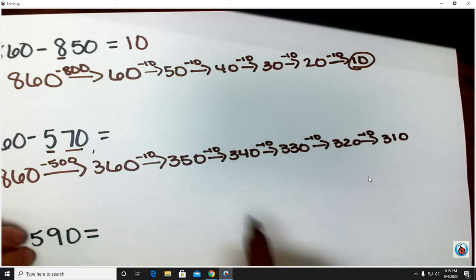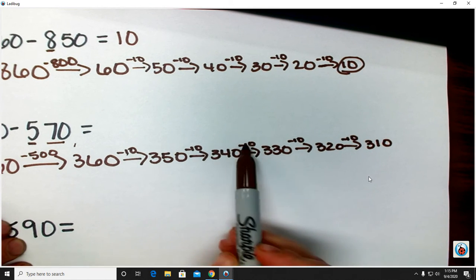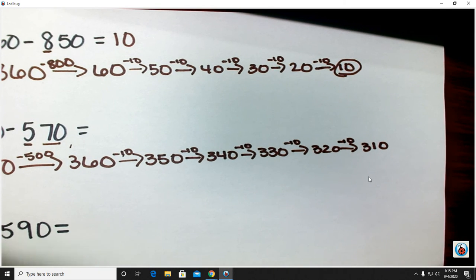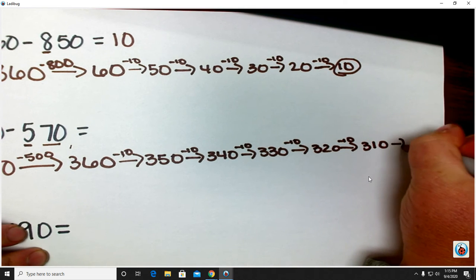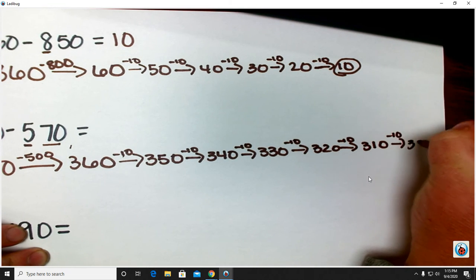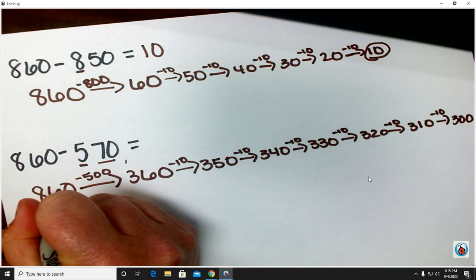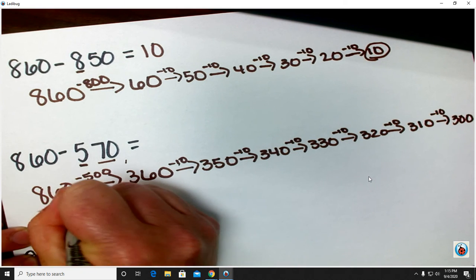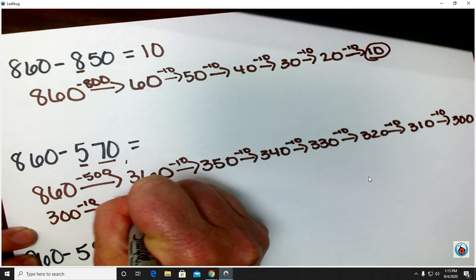And I'm just going to go back and see how many times I've jumped. 10, 20, 30, 40, 50. So I need to go to 70, and I'm at 50, so 2 more times. Minus 10 is 300. And 300 minus 10 more is 290.